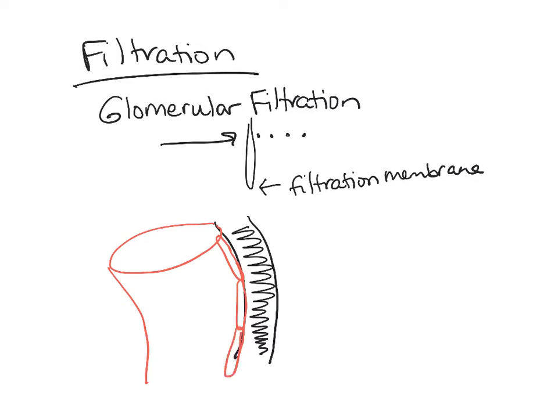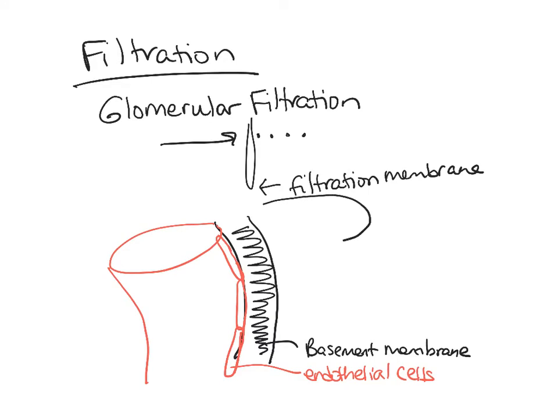So these are the endothelial cells of the capillaries, and then this is the basement membrane. And then on the other side of the basement membrane, we have these podocytes and their foot processes. So there's this big podocyte, and these are its foot processes. There's its nucleus, and these are its feet. And then this is a filtration slit.